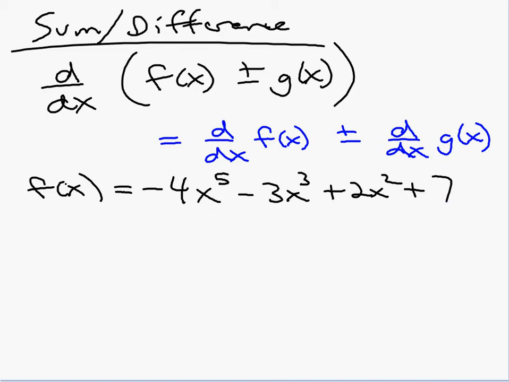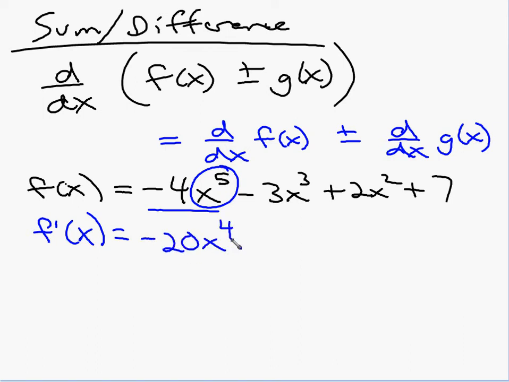So what would the derivative of this thing be? Well, we're going to do each piece on its own. So let's look at the first one. The derivative of x to the 5th is 5x to the 4th. What's 5 times negative 4? Negative 20x to the 4th will be the derivative of that first term.